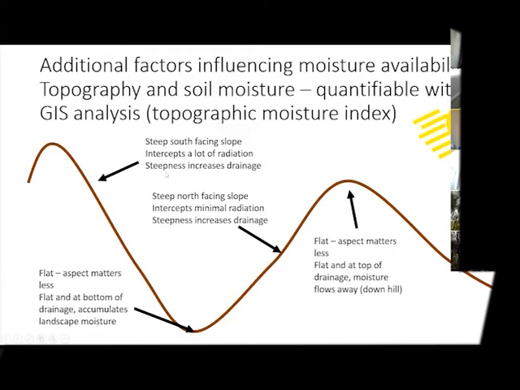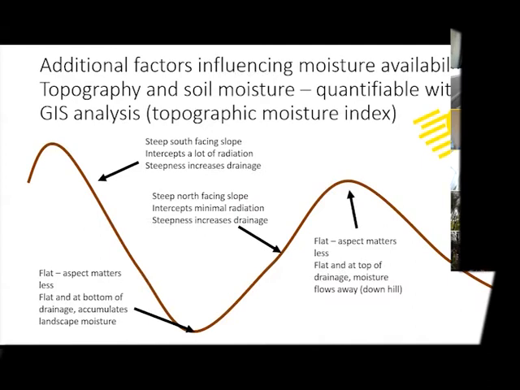But it's not just the slope and what direction you're facing, but where you are located on a complex landscape as well. In flat places, aspect matters less, but the shape of the surrounding landscape can be very important.